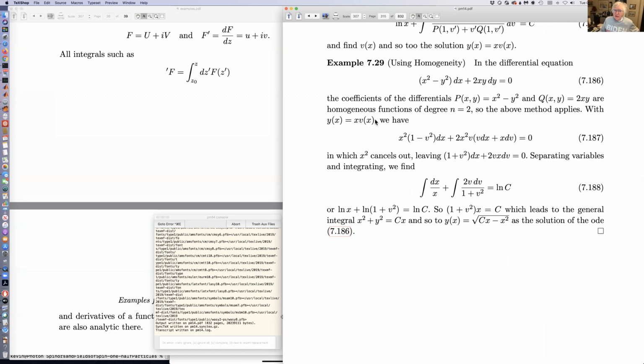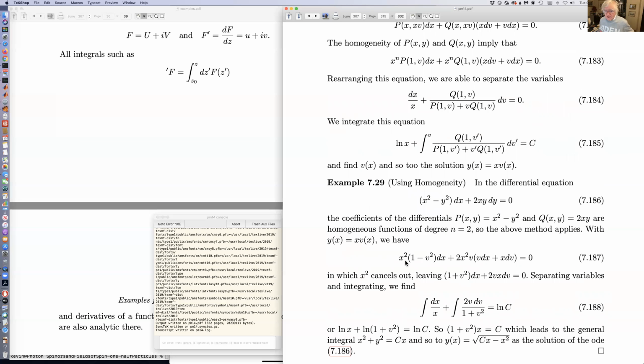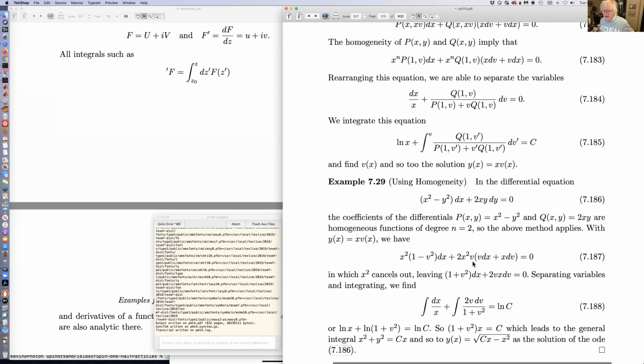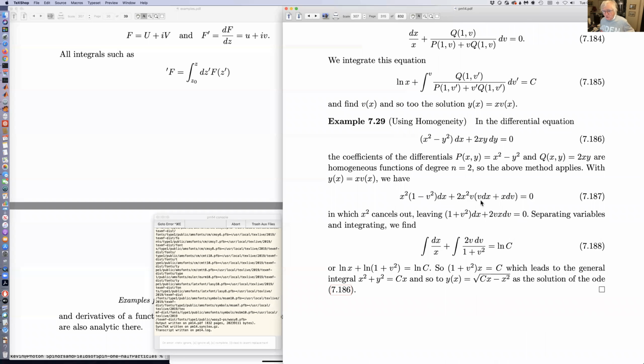And so making the substitution y of x equals v times x, we get x squared times 1 minus v squared dx plus 2xv, and now dy is v dx plus x dv. And the x squareds cancel out, and we're left with this expression, which we can then rewrite and integrate.